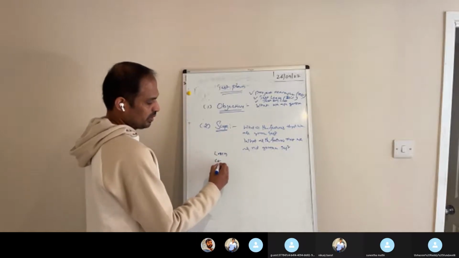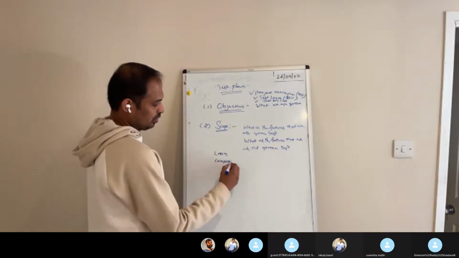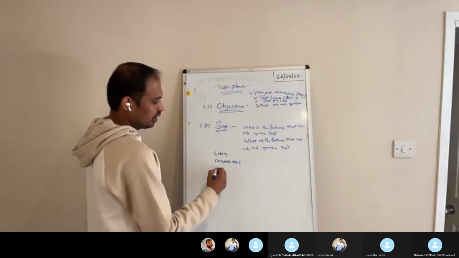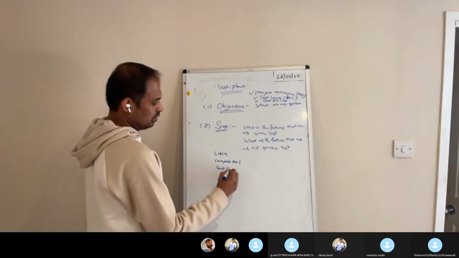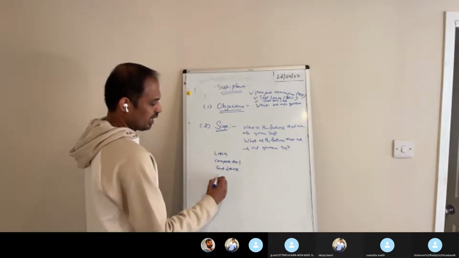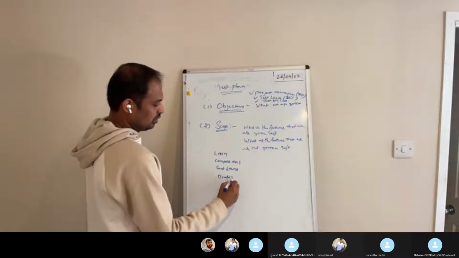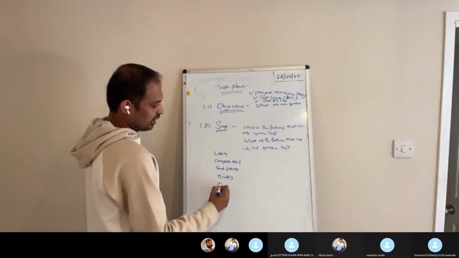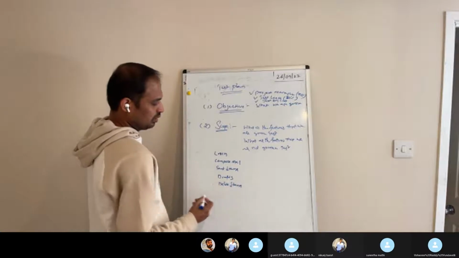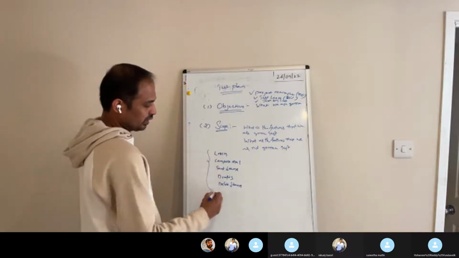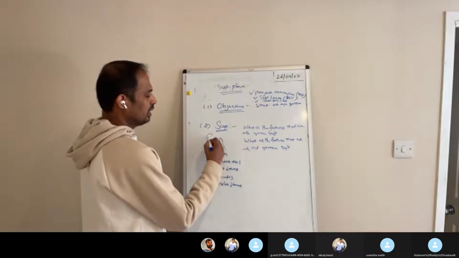We need to cover compose mail. We need to cover sent items. We need to cover drafts. We need to cover delete items. Okay, these are the features that we are going to cover in this particular Gmail application.